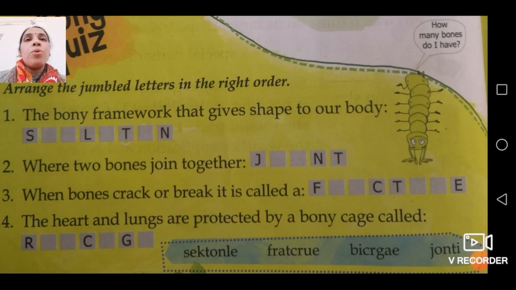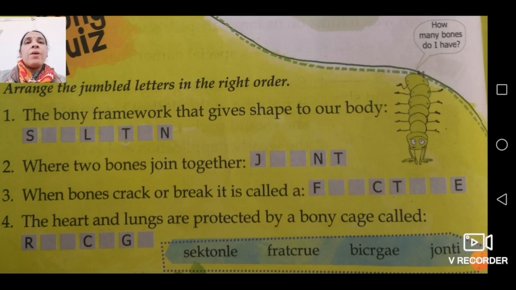The place where two bones join together is known as a joint. The correct spelling of joint is J-O-I-N-T. Joint.